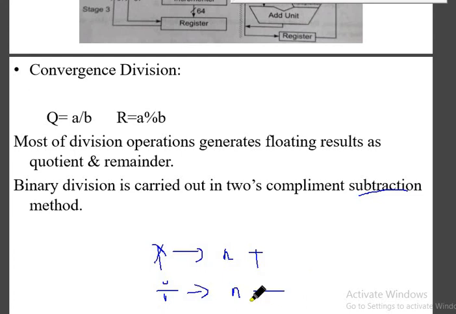Division is defined as n times of subtraction, and since it is subtraction, we all know that subtraction works by the 2's complement method in a computer system.